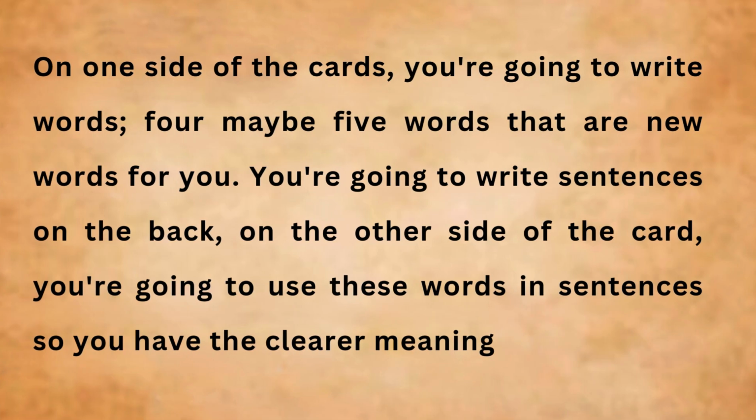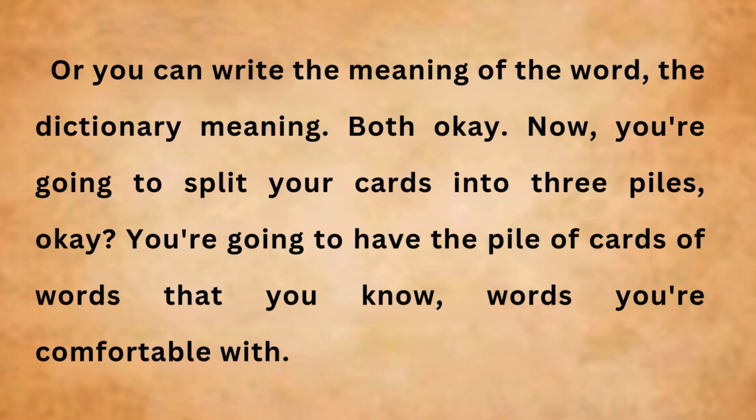On one side of the cards, you're going to write words. Four, maybe five words that are new words for you. You're going to write sentences on the back, on the other side of the card. You're going to use these words in sentences so you have the clearer meaning. Or you can write the meaning of the word, the dictionary meaning, both okay?